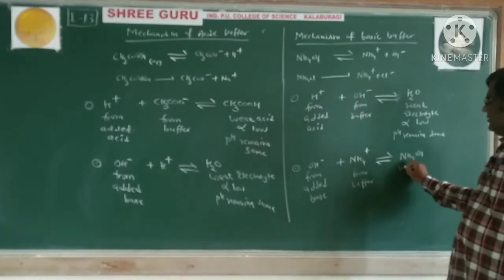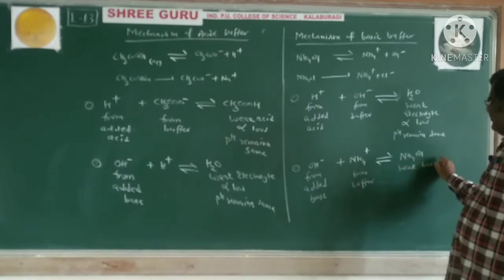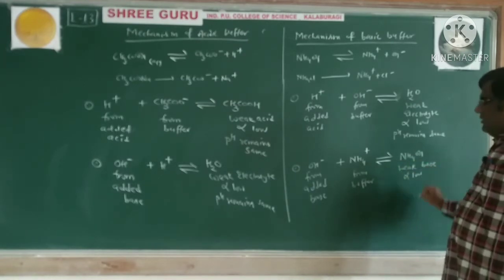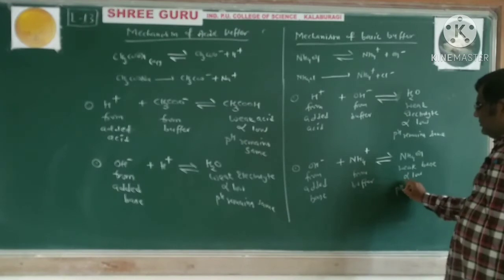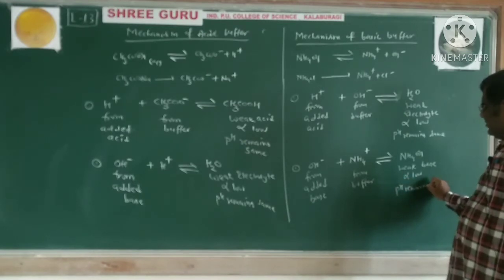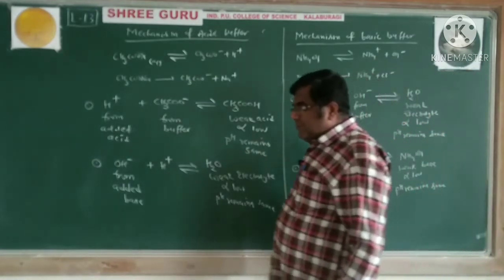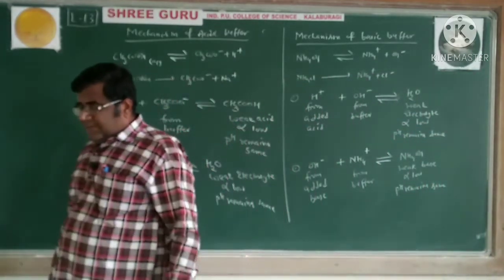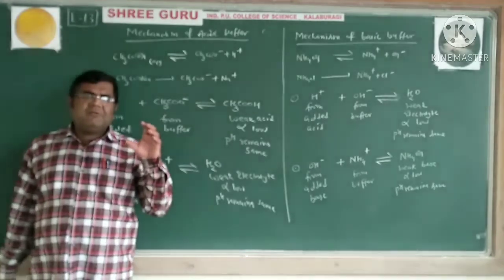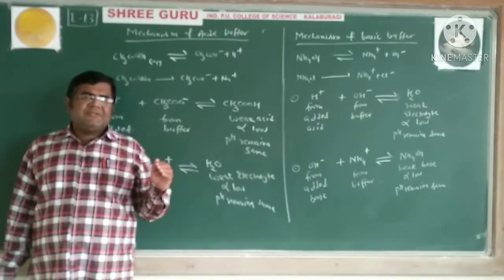And we know that it's a weak base, that's why alpha is low and pH remains the same. So whether we are adding acid or base, there is one component of the buffer which consumes that.